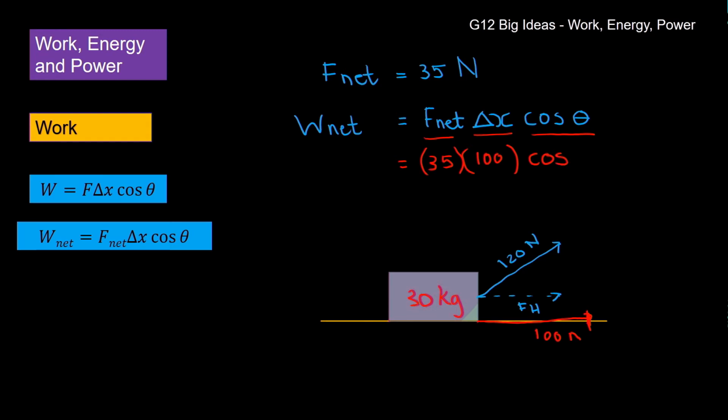Now what is this theta all about? This theta is telling us the degree difference between the displacement, so the direction of the displacement, and the applied force, or the net force.